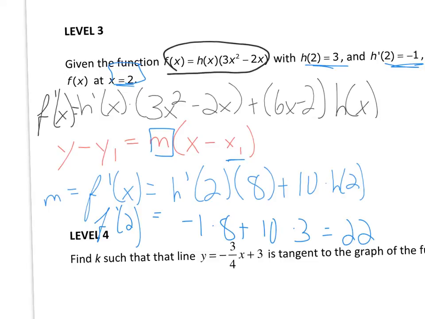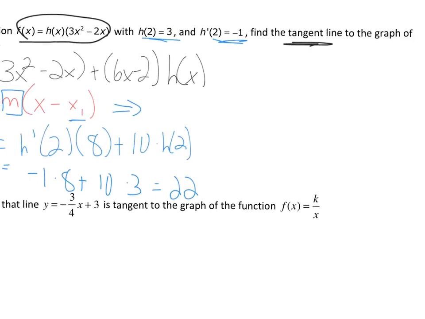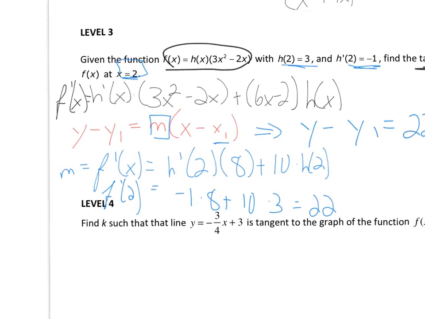Now I'm going to go to point-slope form. I know I want all my answers in point-slope form, at least to begin. So I have y minus the y-coordinate equals the slope, 22, times x minus the x-coordinate. So what is the y-coordinate? Well, I want this tangent line for f, and f is defined as h of x times 3x squared minus 2x.